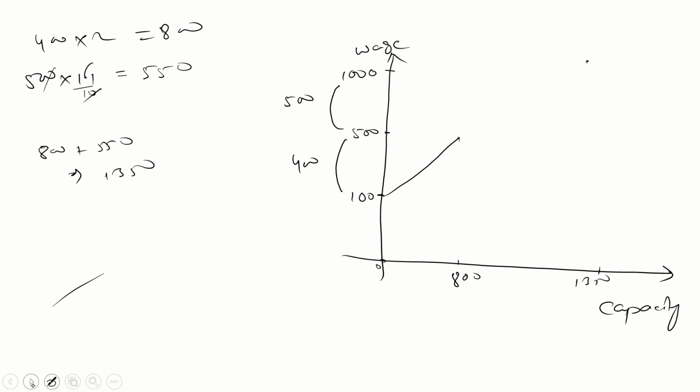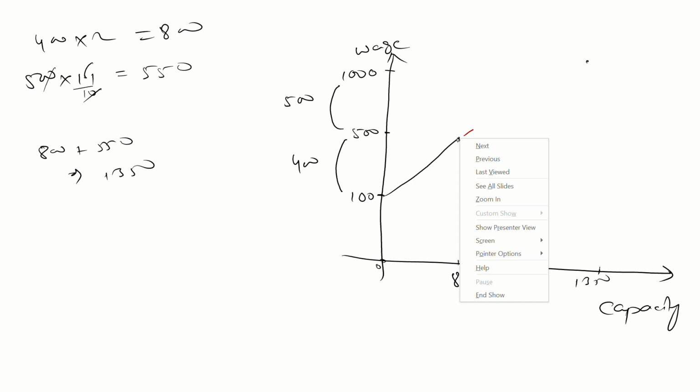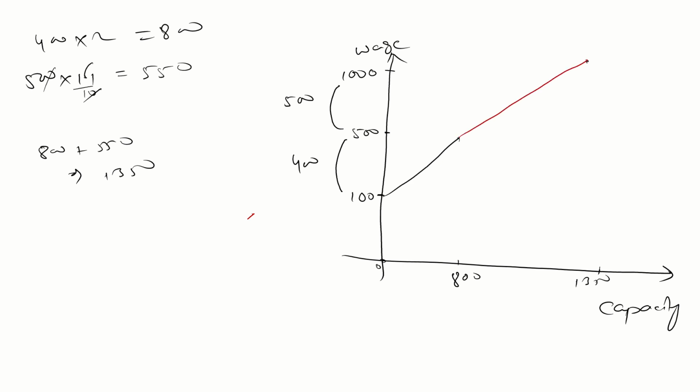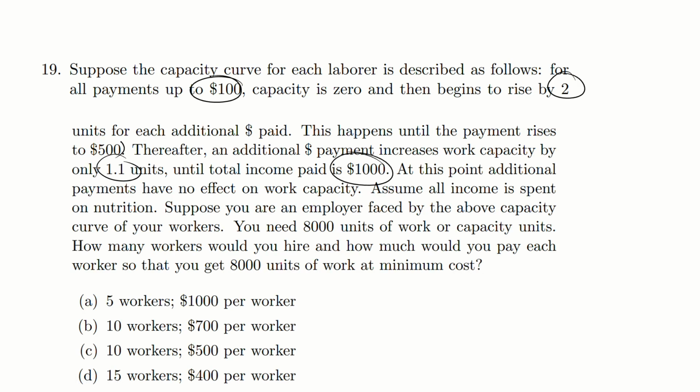So just join this by a line segment and you will get these things. But guys, at this point additional payment has no effect on work capacity. After this there will be no effect.